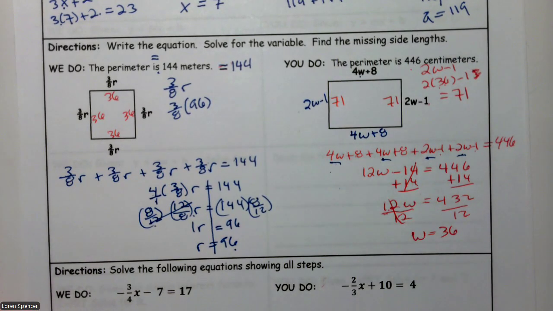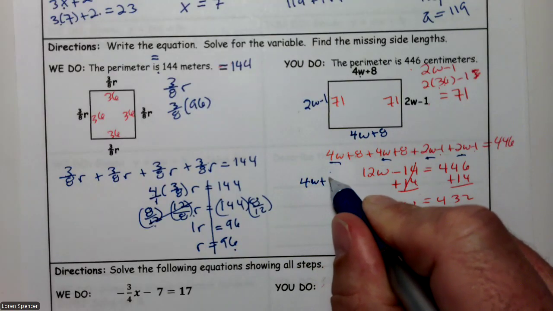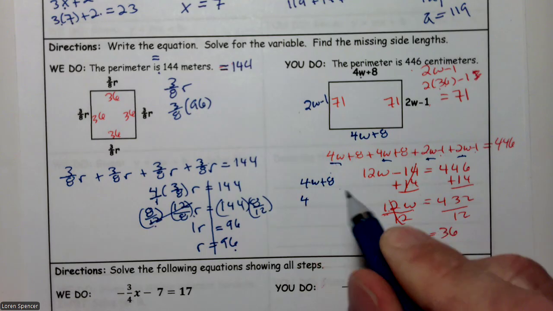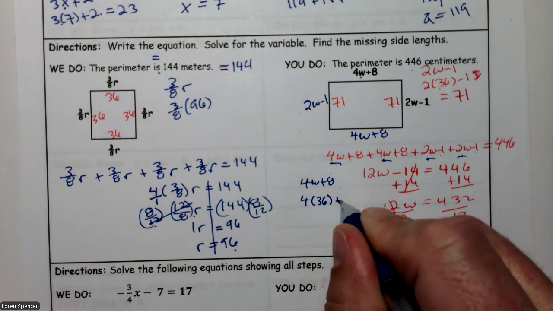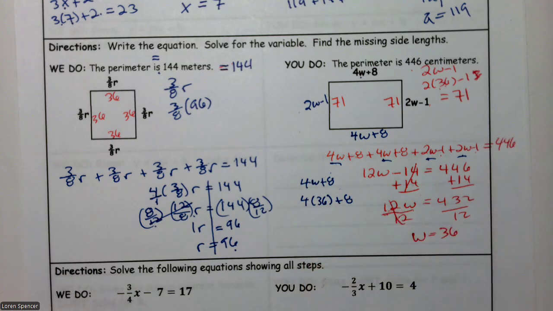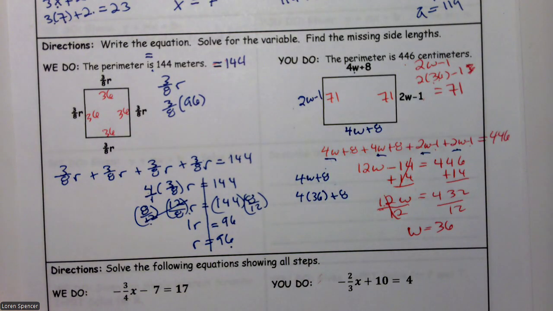And then we have 4W plus 8. So 4 times 36 plus 8. Let's use our calculator. 4 parentheses 36 plus 8 is 152.